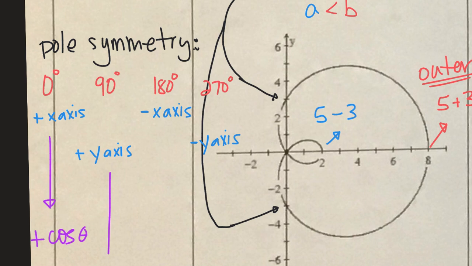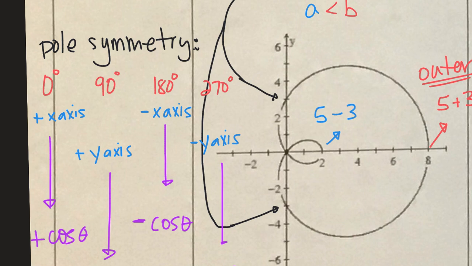If we have a positive sine, which goes along with y, a positive sine is a 90-degree pole symmetry. Then where would we find a negative x? As a minus in front of the cosine, right? And then a 270 or your negative y would be if we had a minus with a sine.